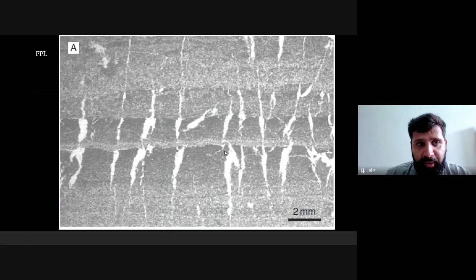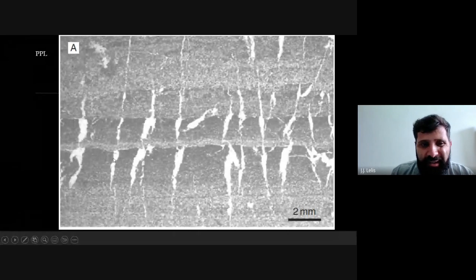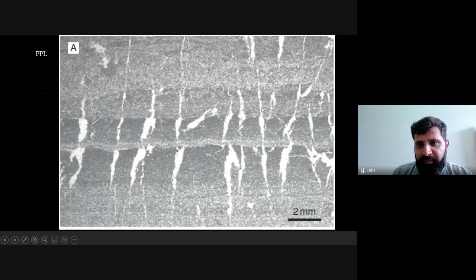We can see the perpendicular. In this case, we can easily see the boundary between these horizons because we have different colors, but we have these planar voids that intersect and that are perpendicular. Then they form a sharp angle with the distribution of these horizons.